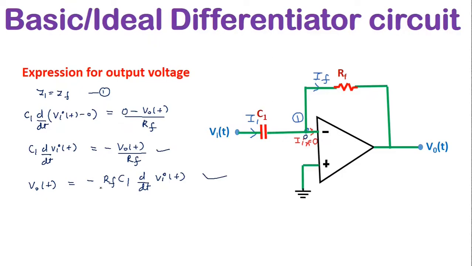Here minus RF C1 is a constant. Therefore, the output voltage of the differentiator is proportional to the differentiation of the input voltage. So the output of the differentiator is minus RF C1 times the time derivative of the input voltage.